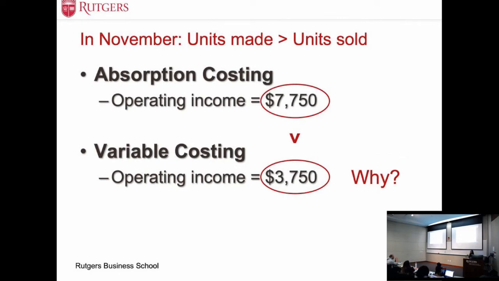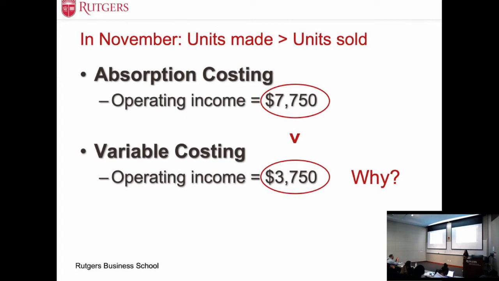Here I put Y, right? And I mentioned that because the cost of goods sold under the absorption costing is lower compared to the one in October. But where does the missing part go?